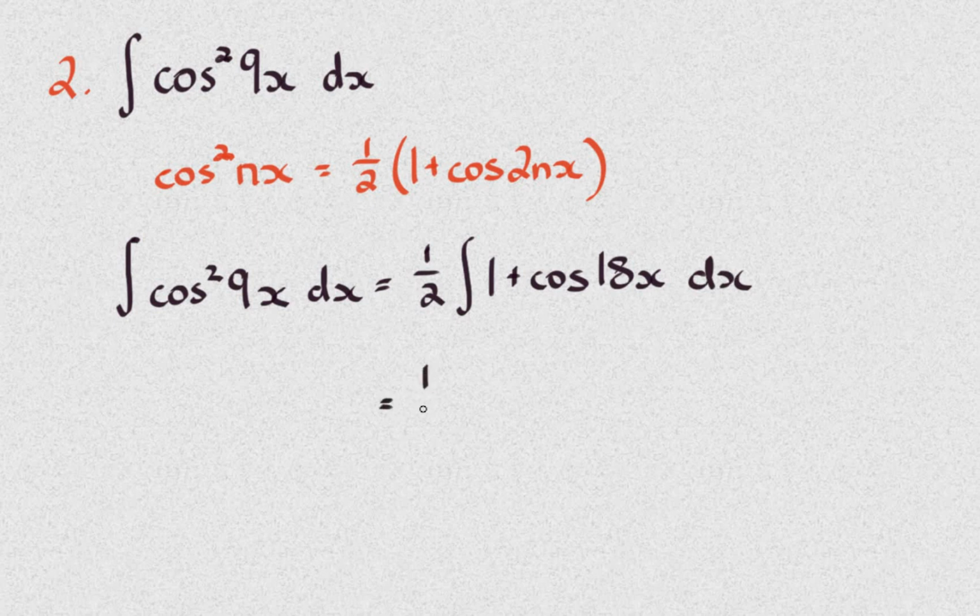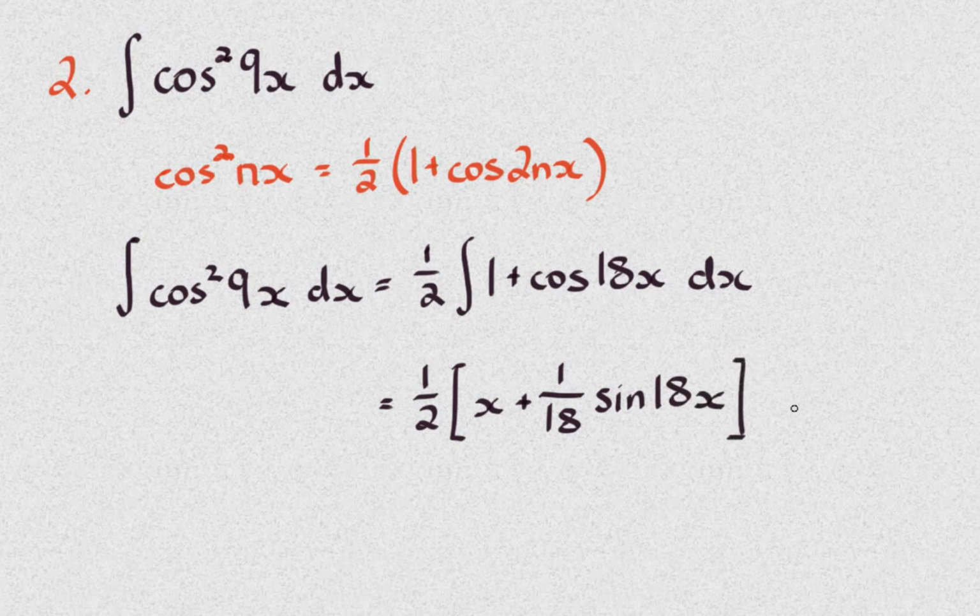When we integrate, the 1 just becomes an x, and the cos, well, cos integrates to sine. The 18x means that we need a 1/18 out the front. And then we are left with sine 18x afterwards.